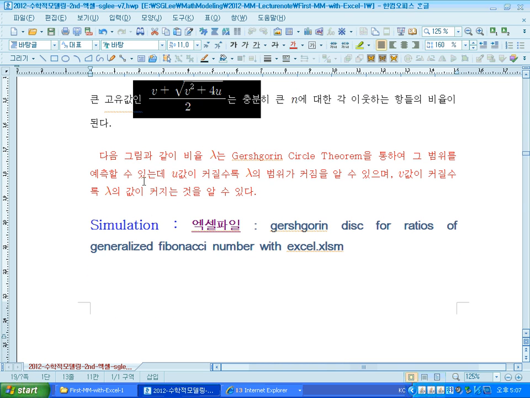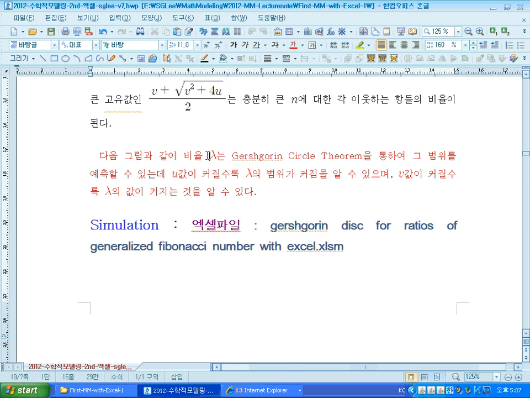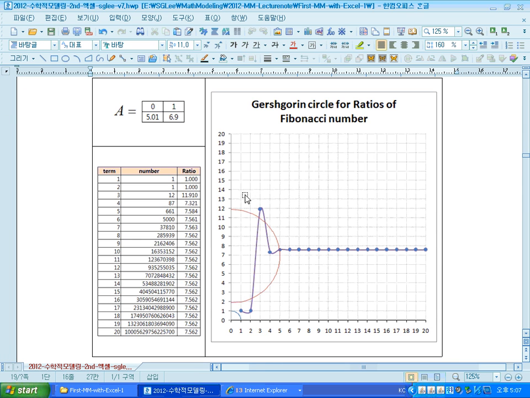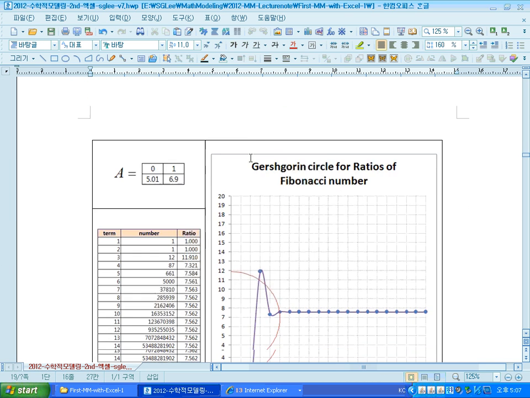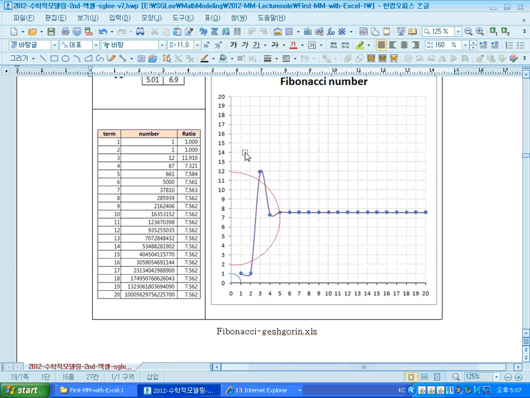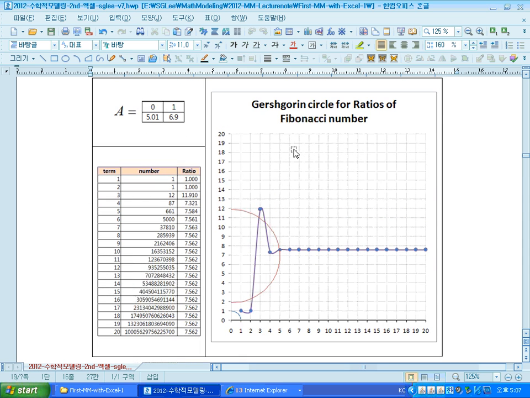Okay, and we see the increasing ratio will converge to these lambdas. I will show you the Excel file which was made for this simulation.